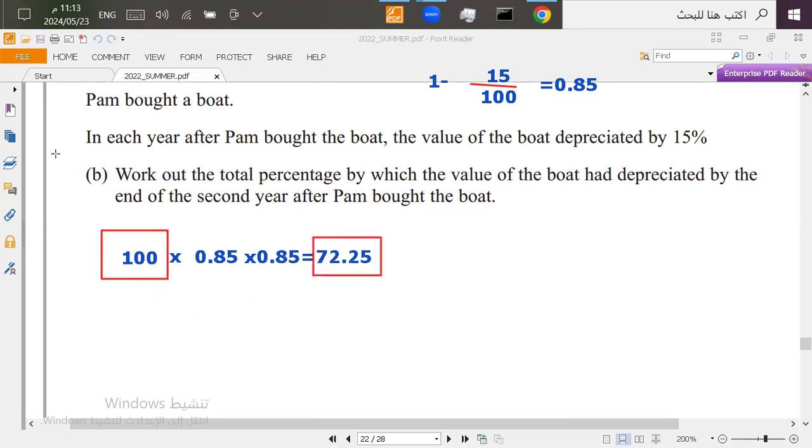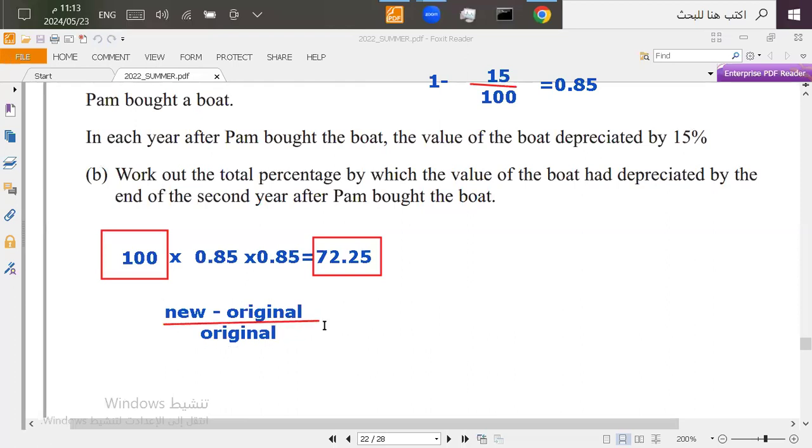Now, after knowing the original price and the new price after the 2 years of decrease, I'm going to use them to find the percentage change by using the formula of new minus original, over original. And then after you find this, you multiply it by 100 because you're trying to find the percentage.